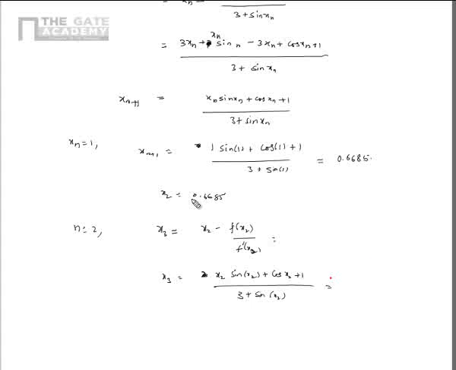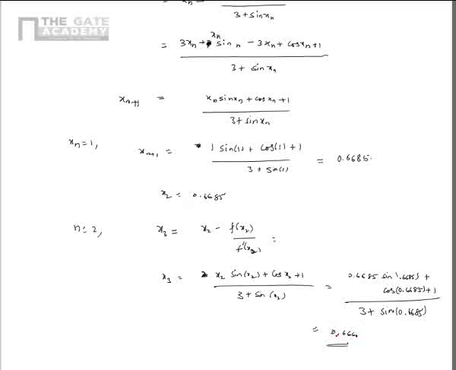We just have to substitute whatever we got, 0.6685, into sin 0.6685 plus cos 0.6685 plus 1 by 3 plus sin 0.6685. So this is what you will get. If you simplify, you will get 0.666.